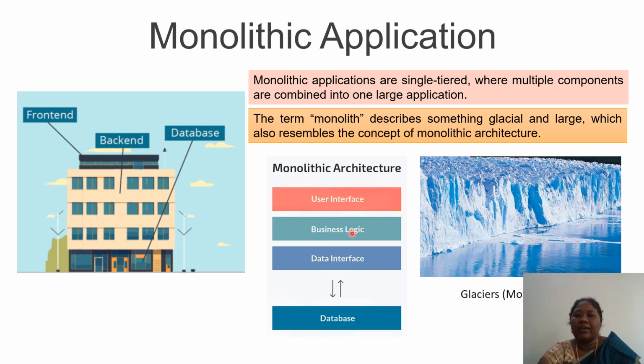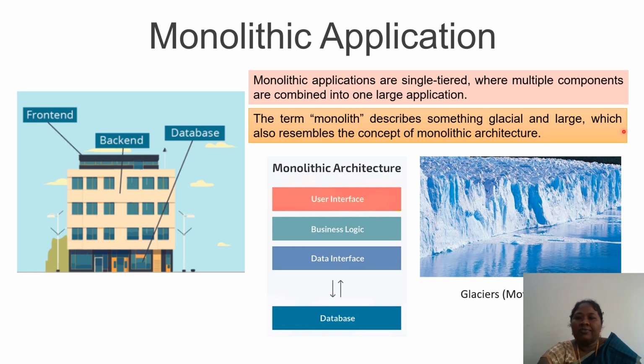It's very difficult to handle, because when you modify something, it will affect all other modules also. So sometimes you may not be able to track and identify which module alone is producing the problem. Such compartmentalization will not be there in a monolithic application.